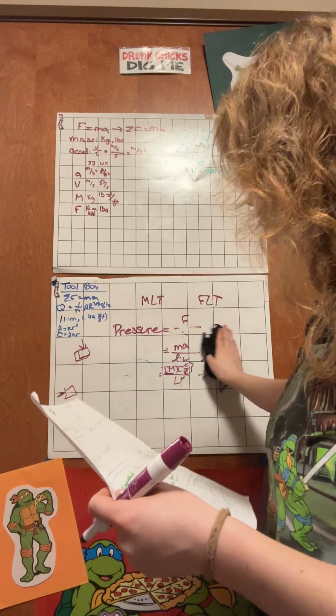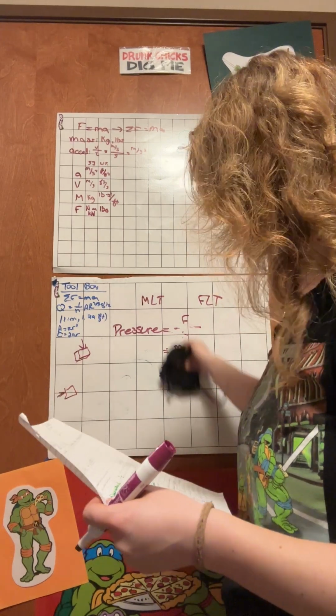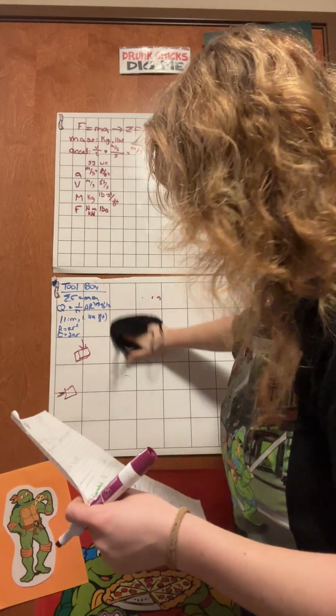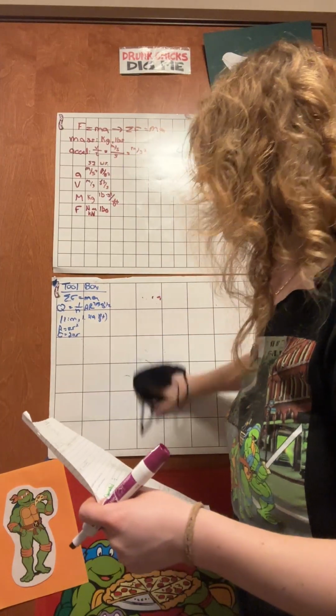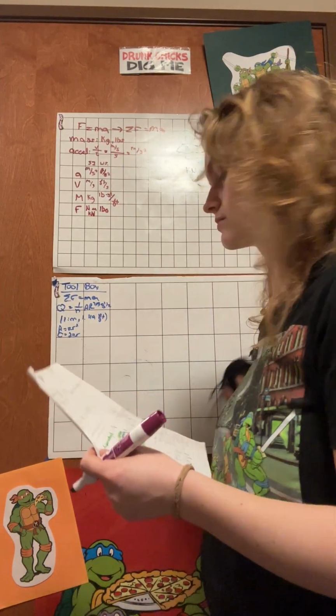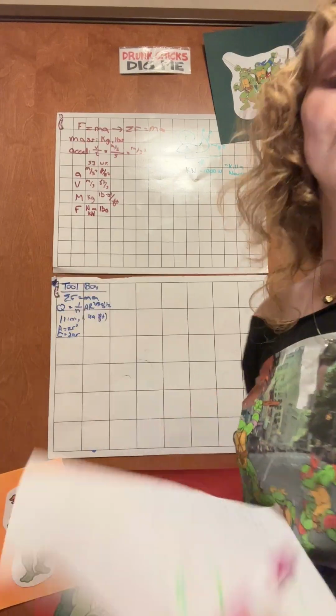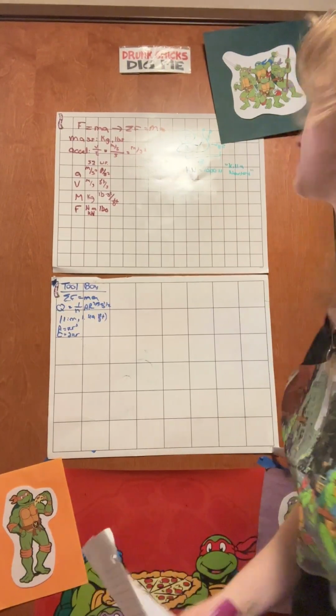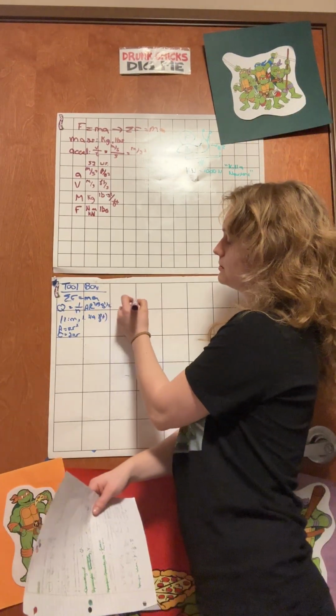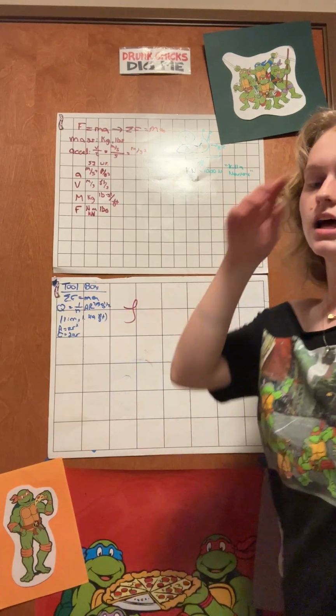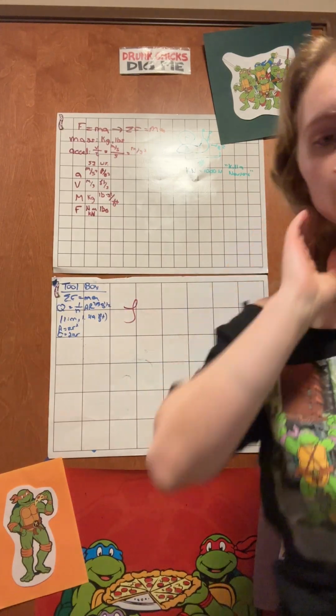I went over the hydraulic radius for a pipe. Oh, density. Density is described as rho. Okay, I'm gonna actually stop the video.